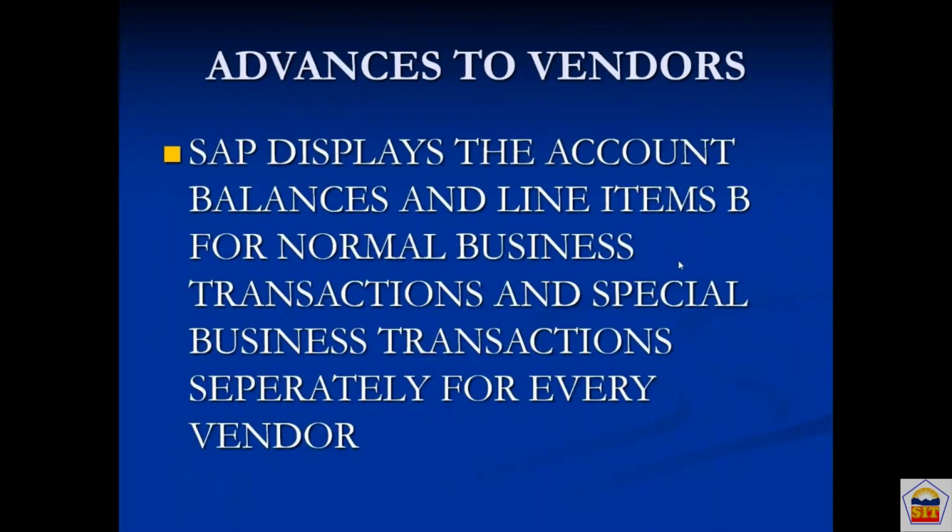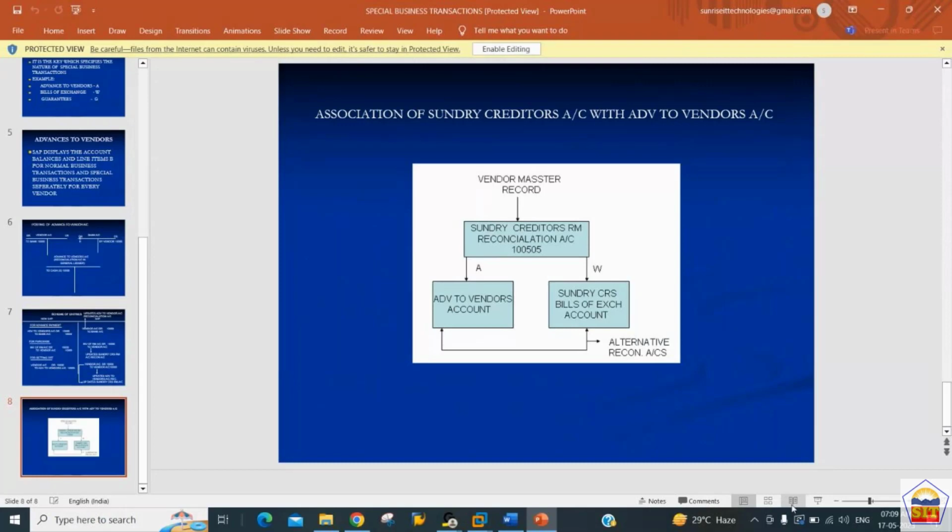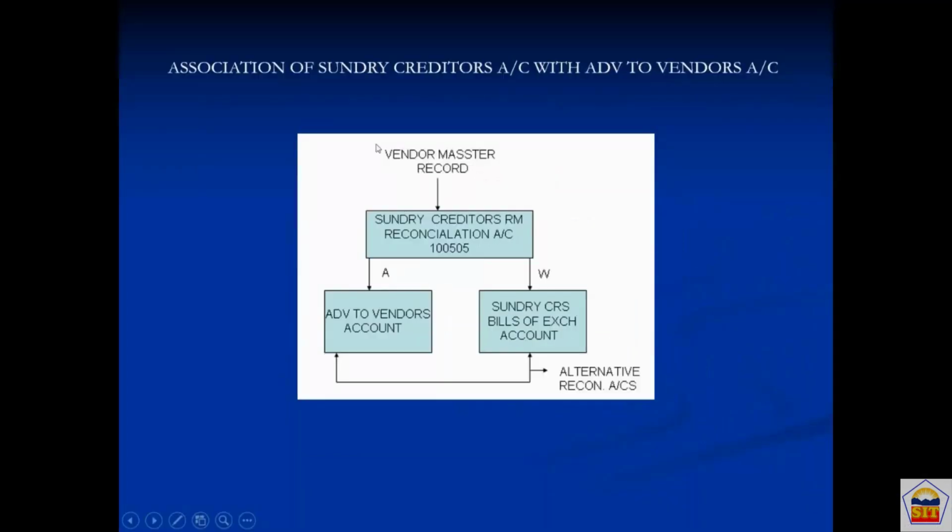Then it is saying that, okay, if you just see here, we have a vendor master data, a supplier account. That supplier account we are going to link with two accounts. One is a normal reconciliation account and the second is the special reconciliation account.